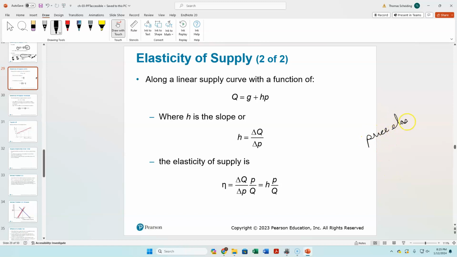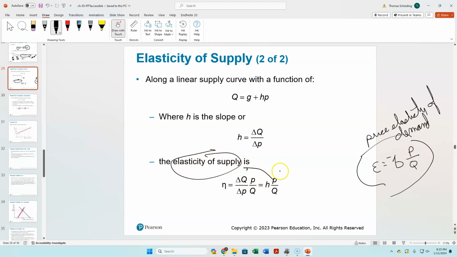Just to remind ourselves, the price elasticity of demand was negative B P over Q. Now for elasticity of supply, it's H P over Q, where H is my slope term, G is my constant term, and the slope term is delta Q, delta P. Change in quantity, change in price.